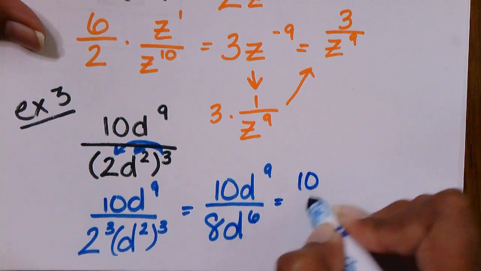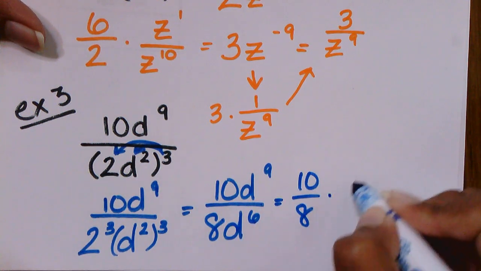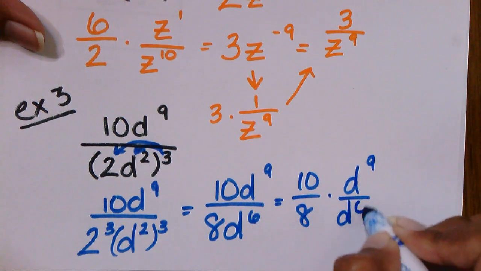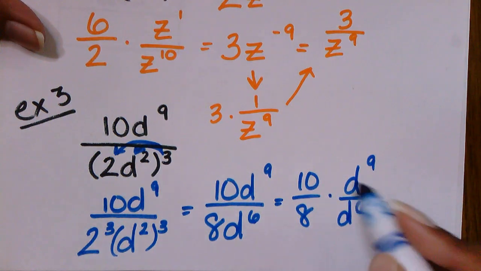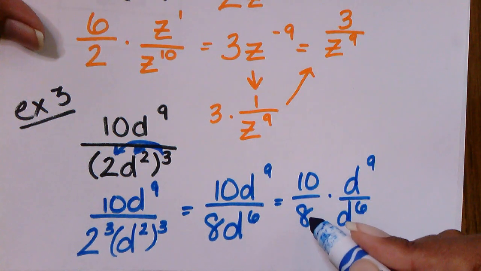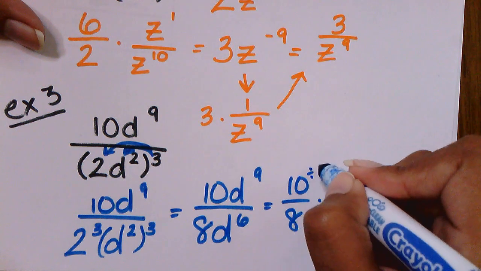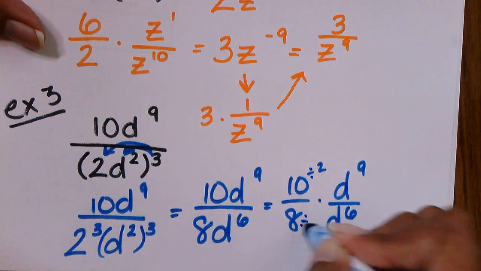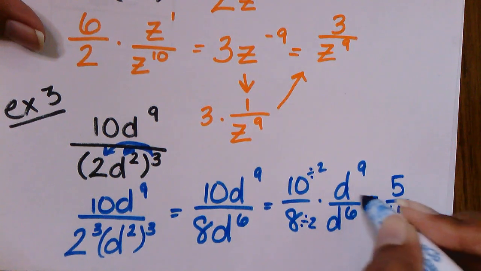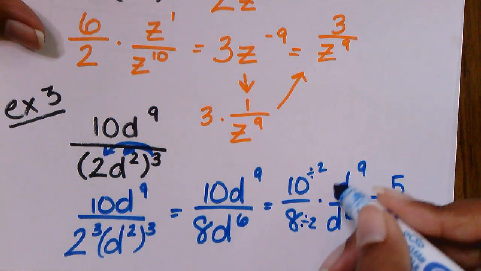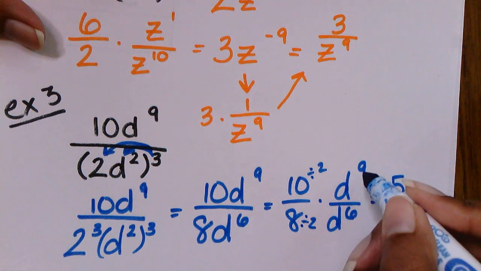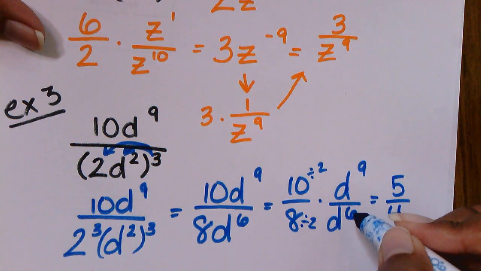And then we have 10 over 8, I'm going to split this up, times d to the 9th over d to the 6th power. Well, 10 over 8 I can simplify. The greatest common factor between 10 and 8 is 2. So if I divide both of these by 2, I get 5/4 times, and here we have a division problem with exponents, so we're going to subtract our exponents. 9 minus 6 is 3.